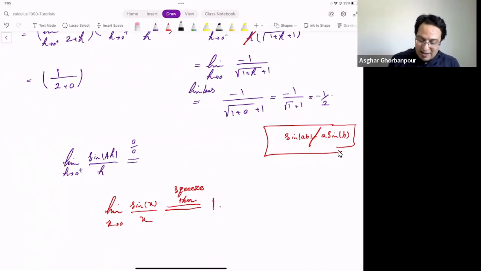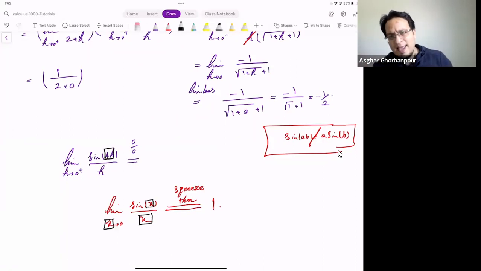And in the same video, I explained that x could be replaced by anything, so the limit of sine of box over box as box goes to 0 is always equal to 1. Here I have ah inside the sine, so my box is going to be a times h.